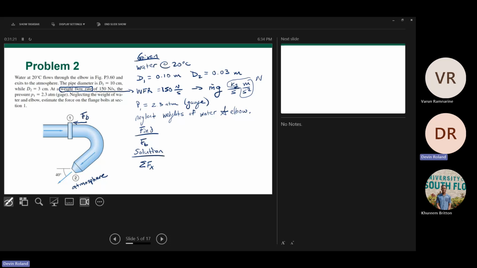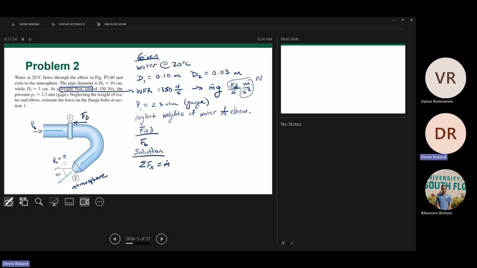So we say this is FB, the bolt force. We know there's this pressure here, P1. And in this case, I'm not even going to write P2 because it gives us P1 as gauge, so P2 would be 0 by default. Same thing if you did have it, it's just 0.